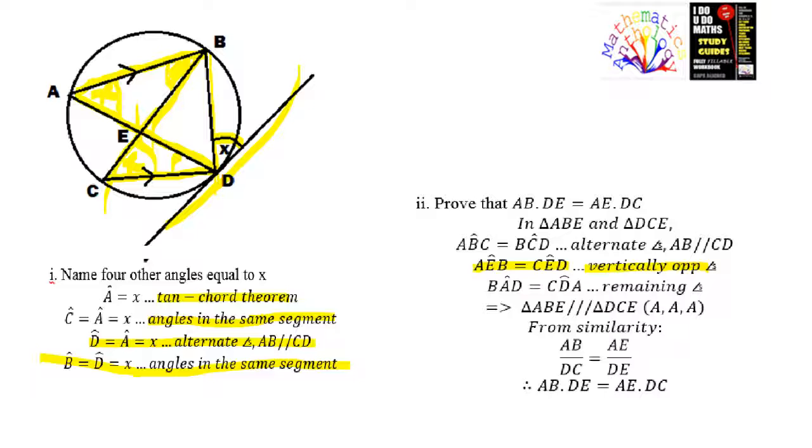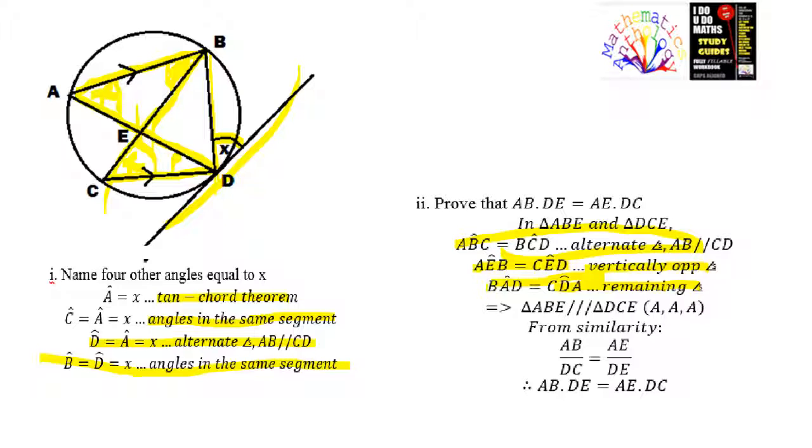Those are alternate angles, which we did prove equal before. And also angle BAE is equal to angle CDE, also alternate angles, or you can just go with remaining angles of a triangle. As long as you have two angles, the third one is automatically equal. So we can then say that triangle ABE is similar to triangle DCE because of angle, angle, angle.